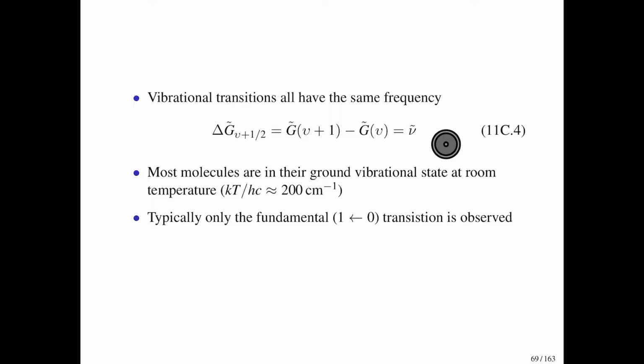What kinds of transitions should we expect in the spectrum? Well, we need to consider the Boltzmann distribution. That is, what are the populations of the different energy levels at thermal energy? If thermal energy is around 200 wave numbers, what should we expect for the populations? As we saw in the previous example, the vibrational frequency for hydrogen chloride is around 3,000 reciprocal centimeters. What's typical is that for most molecules, the spacing between their vibrational energy levels is greater than the thermal energy by about an order of magnitude.